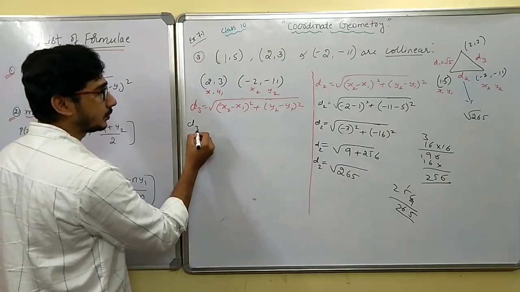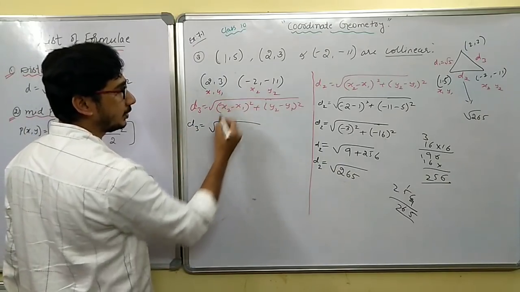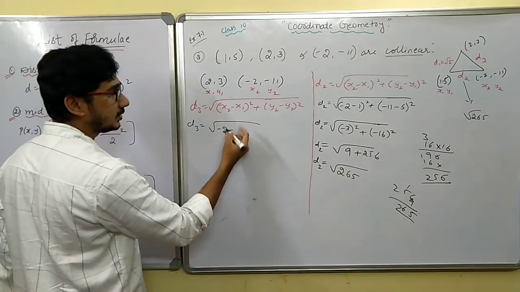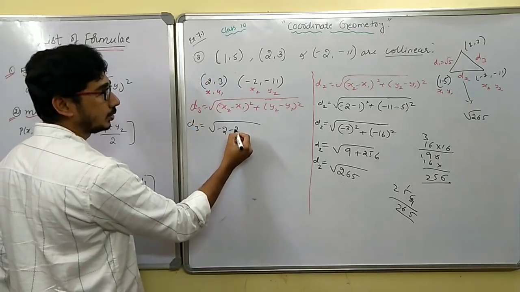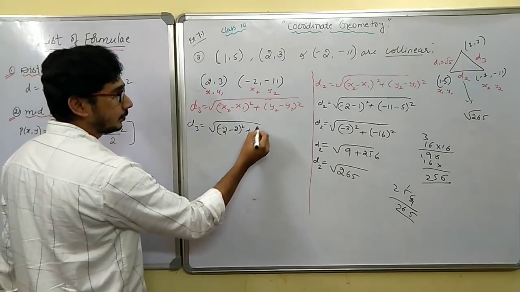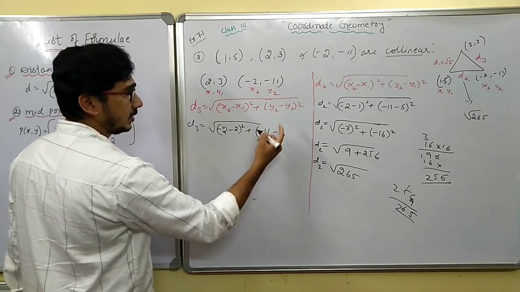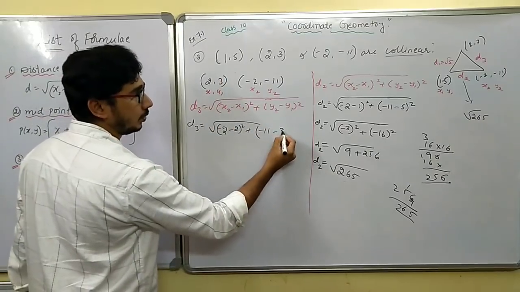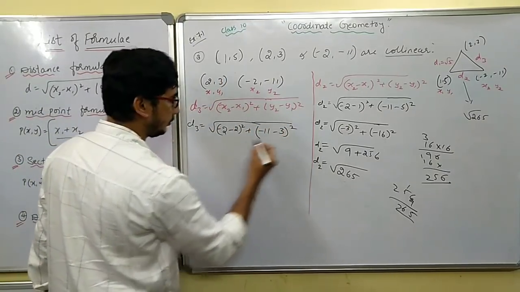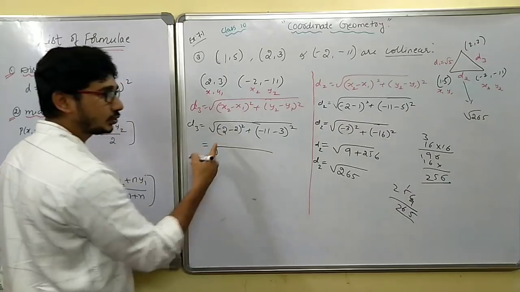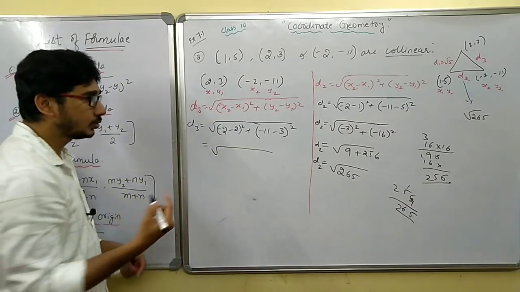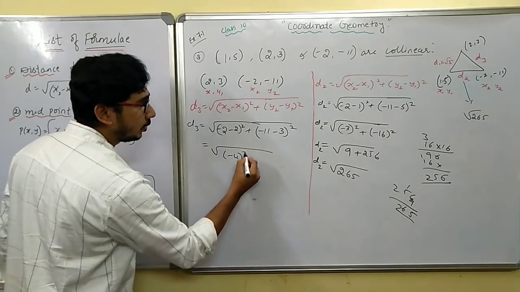Let us find x2, how much? Minus 2, this minus as it is. x1 how much? 2 whole square. y2 how much? Minus 11, this sign as it is. y1 how much? 3 whole square. Which is equal to minus 2 minus 2, totally minus 4 whole square.